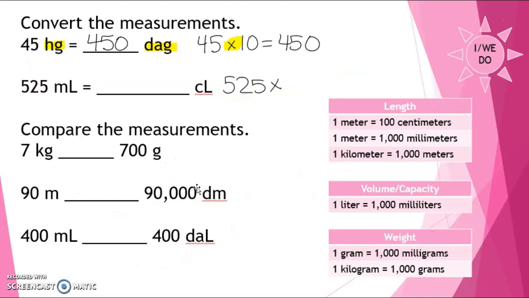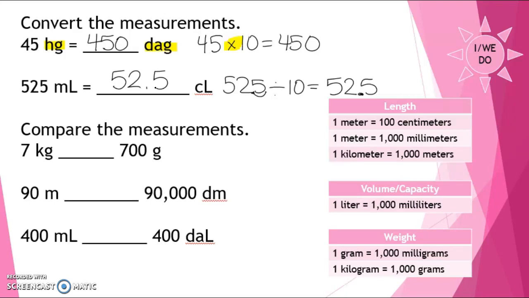So we're going to divide by 10, not multiply. 525 divided by 10, because we only went 1 step, is what? You are correct. 5, 2, 5, and our decimal point will go here because when we're dividing, we move the decimal point once to the left. So 525 milliliters is 52.5 centiliters.